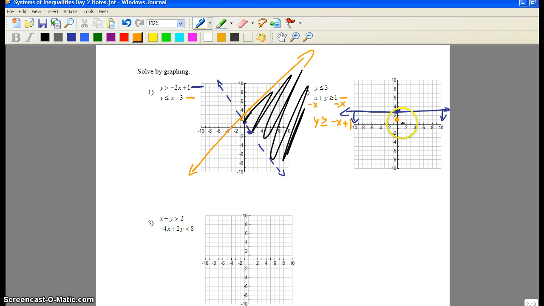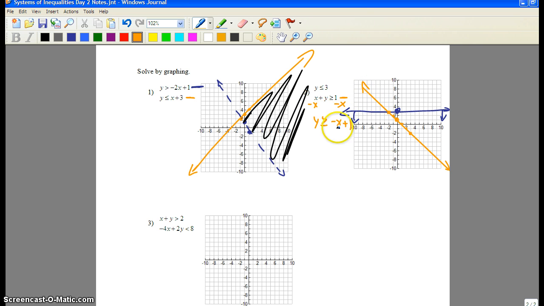Positive 1. Down 1, right 1. Down 1, right 1. Down 1, right 1. Solid or dashed? Solid. Do we know why it's solid? Because of the equal part right there, right? That was a good one.